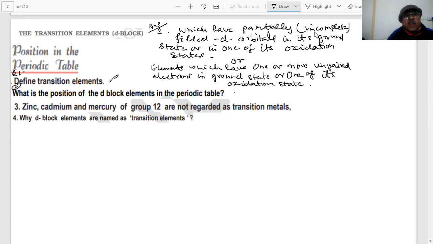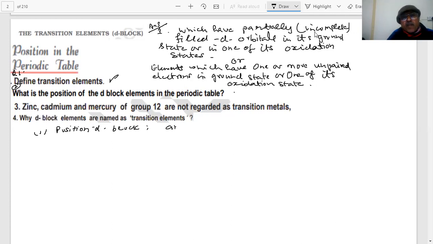Where are these elements? Sir, from scandium till zinc. What is the position of the d block elements? Sir, they are between S and P in the middle of the table.